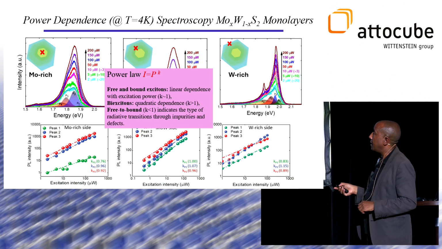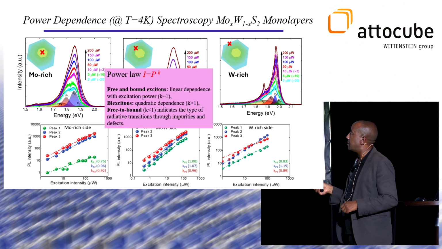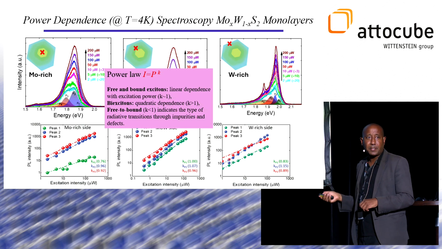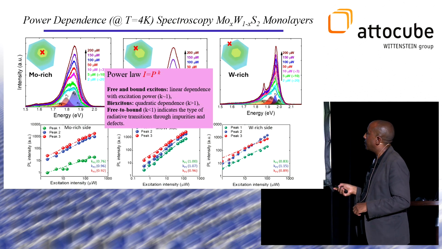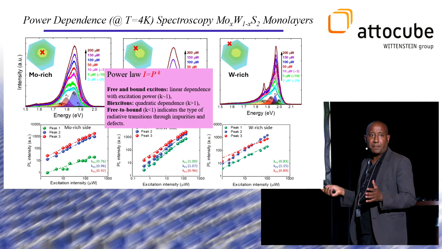And that implies that these peaks are related to free and bound excitons. And anything less than 1, which are the next 3 peaks, are coming from impurities and defect-related peaks.